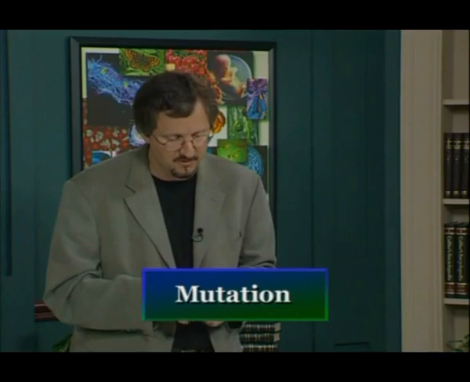Now, I want to step back for a second and contrast this variation that we see coming from independent assortment as gametes are formed and combined with a kind of genetic variation that we've already talked about earlier in the course, namely mutation. Remember, mutations in the DNA occur when an error made in DNA replication goes uncorrected, or some damage that happens to the DNA goes unrepaired.